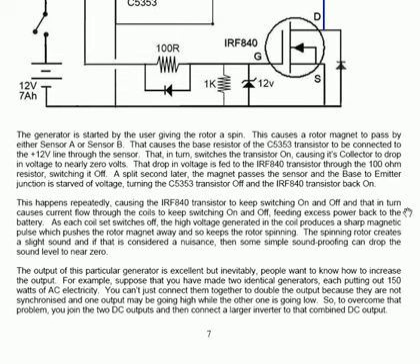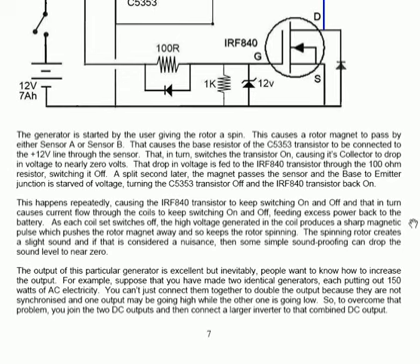That creates a major push on the rotor magnet, and that keeps the rotor spinning. Even though there's no motor as such, the rotor continuously spins. The spinning rotor does create a slight sound, and if that's considered a nuisance, then some simple soundproofing can drop the sound level to near zero.